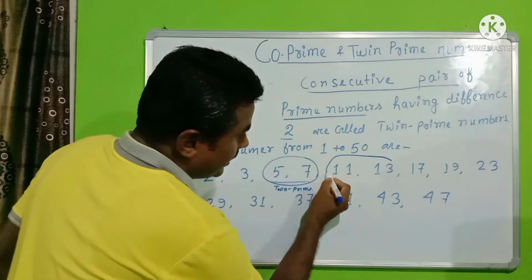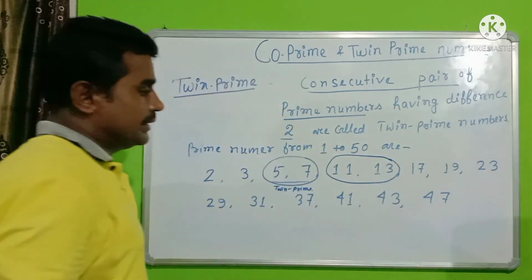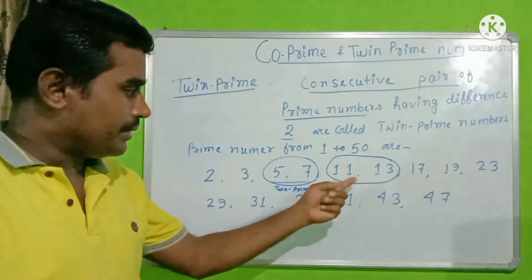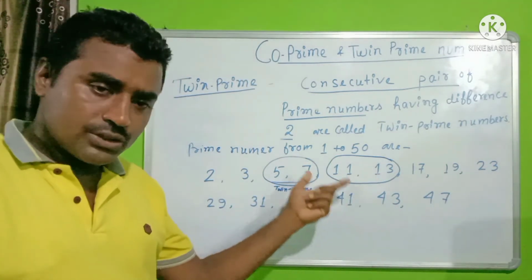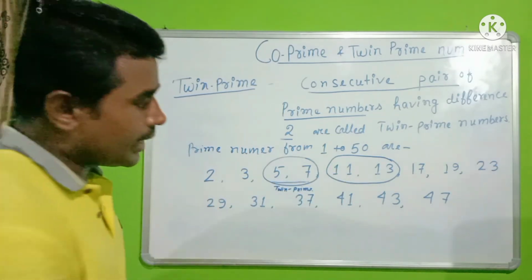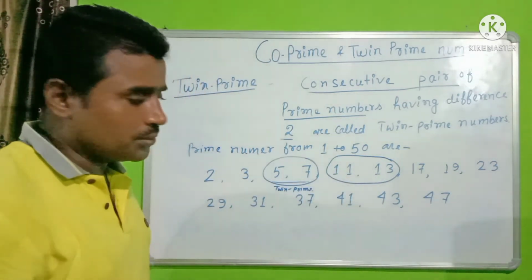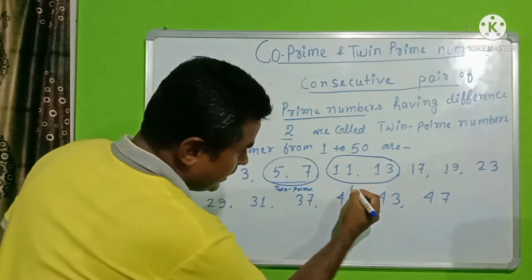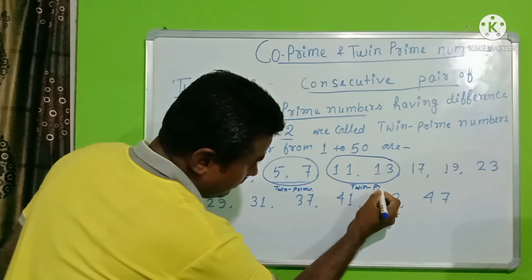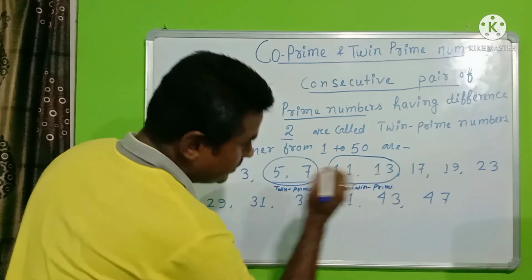11 and 13. You observe. This is another pair of consecutive prime numbers. 11 and 13 are consecutive prime numbers and have difference, yes, 2. 13 minus 11, it is 2. That means 11 and 13 is also a pair of twin prime. Okay, student.